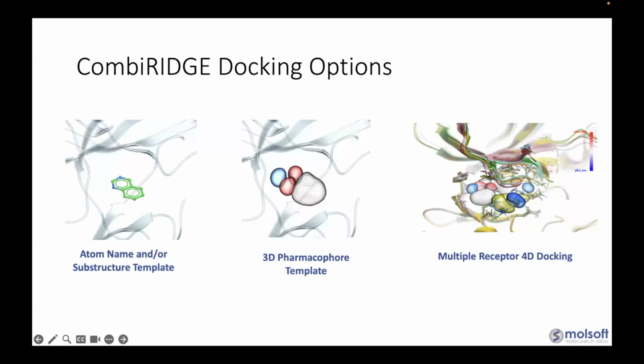There is a parameter in CombiRIDGE where you say, I want to dock 50 million molecules. In that case, it will start from the top ranking anchor and start enumerating until you reach that amount, and your final hit list will contain the top number of hits which you requested. That's basically how it works.